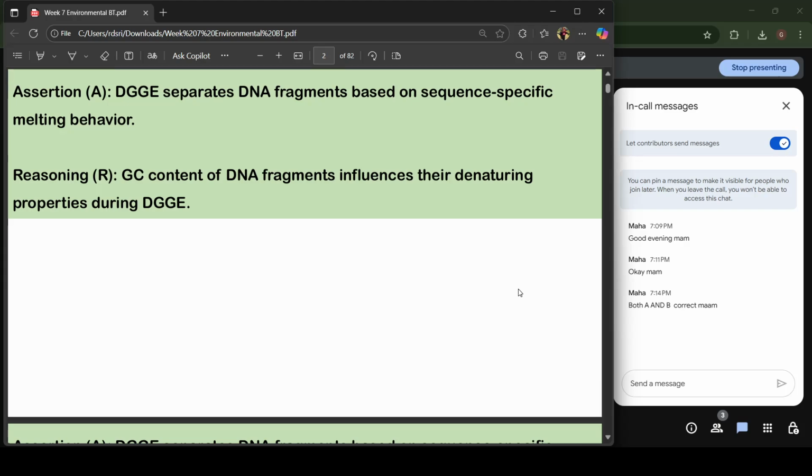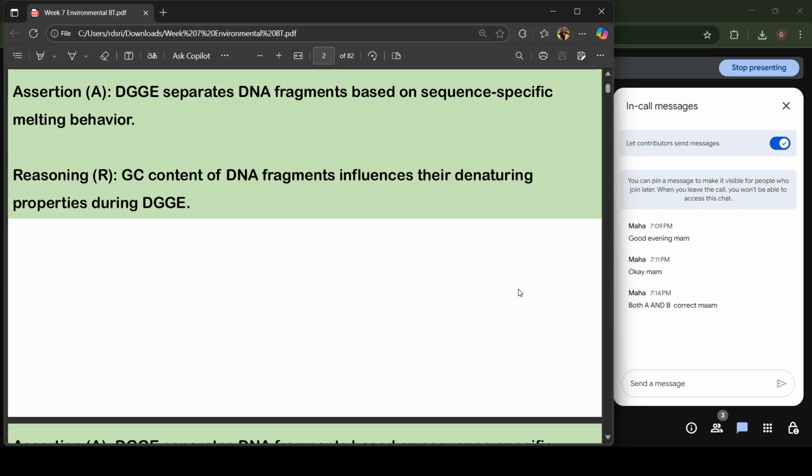Okay, so the answer is right. DGGE stands for denaturing gradient gel electrophoresis, and in this we will be having a GC clamp at the end of the DNA fragment. GC is guanine cytosine, and in DNA, A always pairs with T, adenine with thymine, and guanine with cytosine.